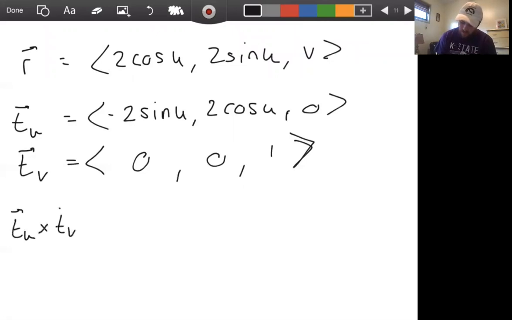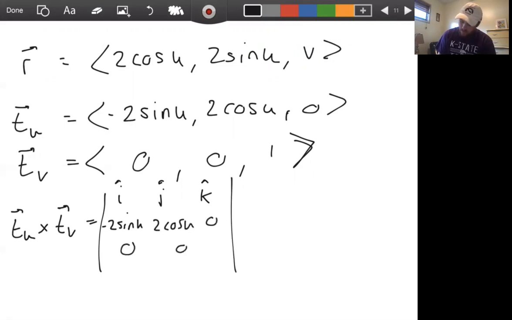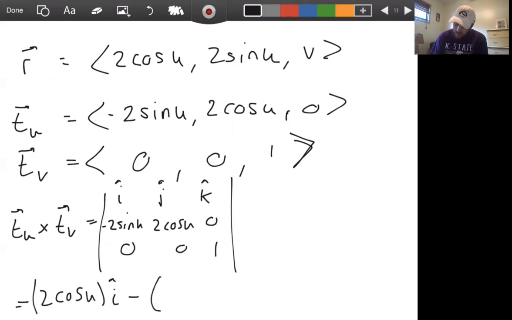And now we need their cross product. t_u cross t_v is, well, we set up the 3 by 3 matrix: i, j, k, negative 2 sine u, 2 cosine u, 0, and then 0, 0, 1. Taking the cross product, we get 2 cosine u i hat minus negative 2 sine u j hat.